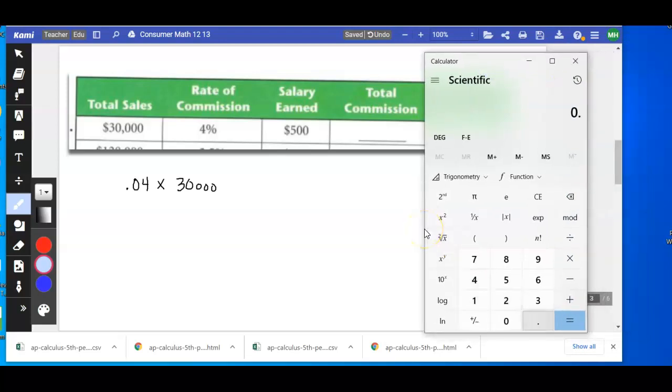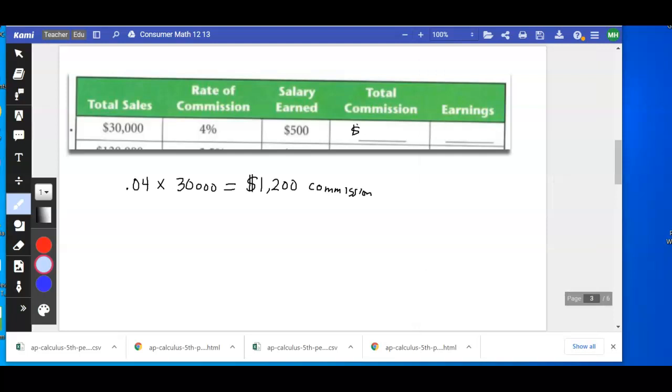So 0.04 times 30,000. You're selling quite a bit for that. You're going to make $1,200 in your commission. And that's what you're going to type in on the Google answer sheet.